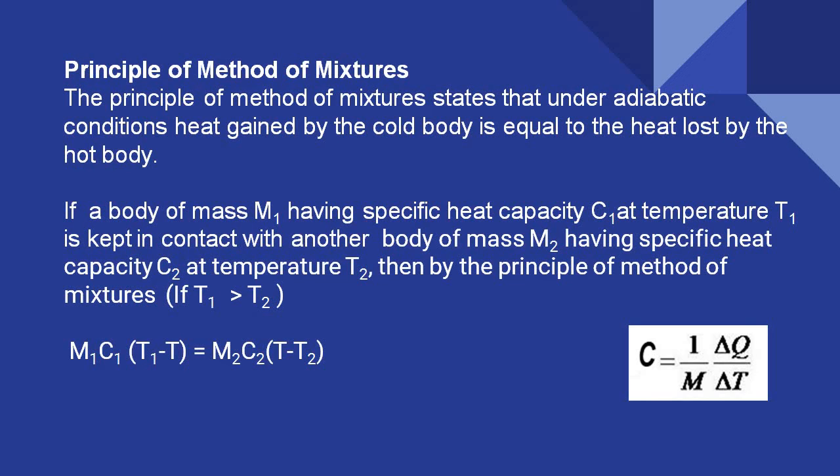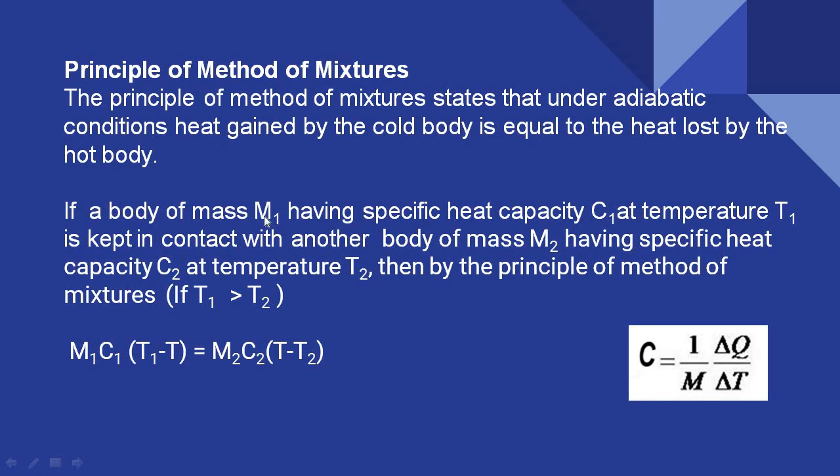So when heat is flowing from the body at a higher temperature, its temperature will be decreasing. And when heat is flowing into the body at the lower temperature, its temperature will increase. So the temperature of the hot body will decrease, the temperature of the cold body will increase, and after some time they will reach the same value, that means the intermediate or resulting temperature.